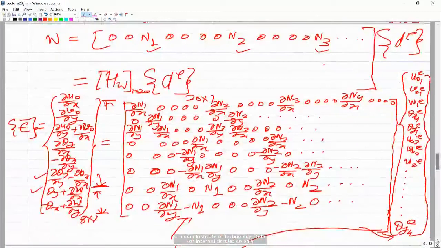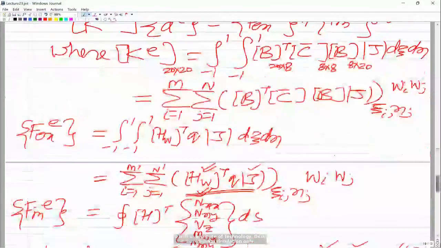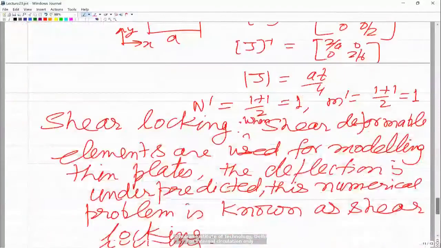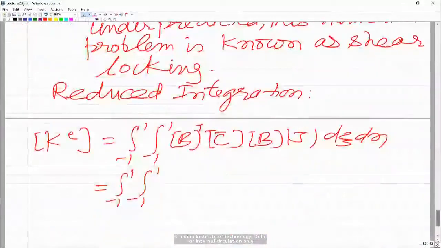In the C bar matrix also, it is an 8 by 8 matrix. So we will take the first 6 by 6 along with the in-plane strains, and the last 2 by 2 rows and columns along with the transverse shear strains.